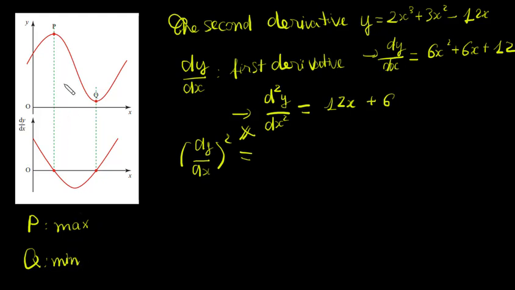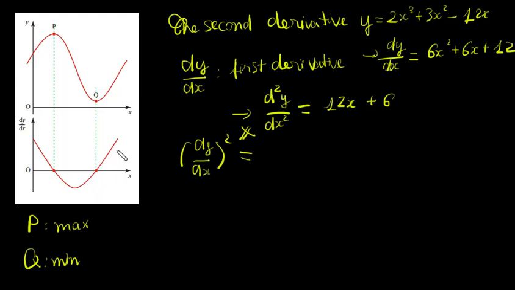This one plots y against x, but now I convert it to dy over dx against x. We can see that the gradients at P and Q are 0, but when you convert to the graph of dy over dx against x, the gradient at the maximum point is this line, and the gradient at the minimum point is this line.